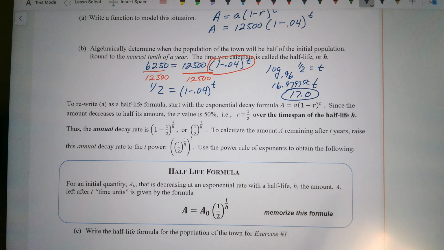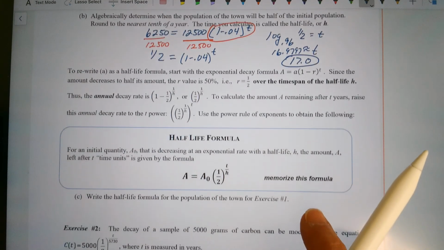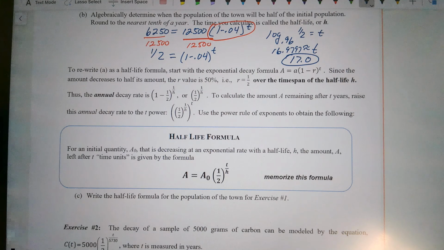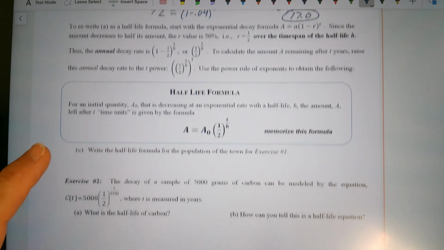To calculate the capital A remaining after t years, raise the annual decay rate to the t power. Thus we have 1/2 raised to the 1 over h raised to the t gives rise to 1/2 raised to the t over h. We multiply those exponents there, and 1 over h times t is simply t over h.